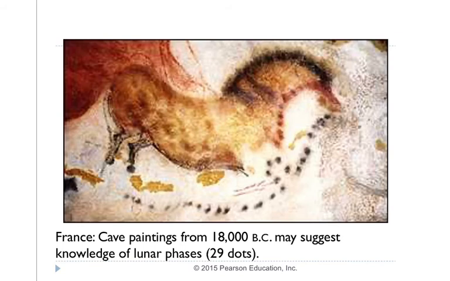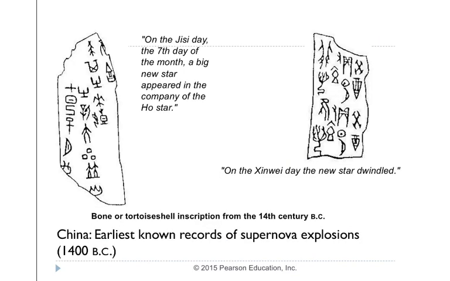A cave in France. Here we have a painting, 29 dots, which suggest the lunar phases there. So roughly about a month period there, resembling the phases. We have records in China, 1400 BC, where they were, again, not only looking at the night sky, but taking records of supernova explosions.